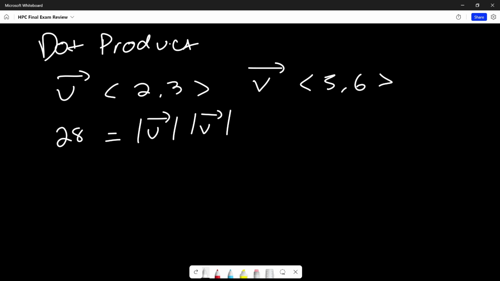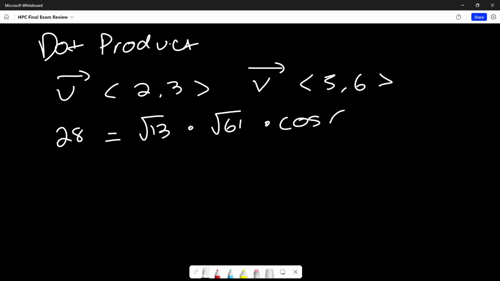So going back here, we find the magnitude of both of these vectors. For the first one, 3 squared plus 4 squared is 13, so the magnitude of u will be root 13, and then we'll multiply that by the magnitude of v, which will be 5 squared plus 6 squared, so that would be 61, so root 61, and then times cosine theta.